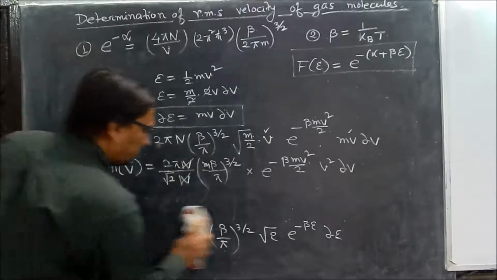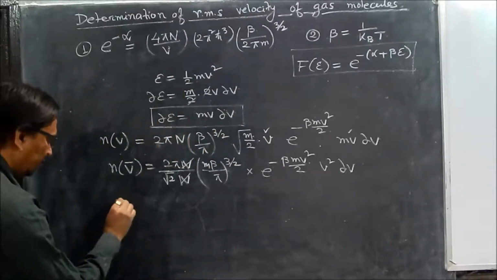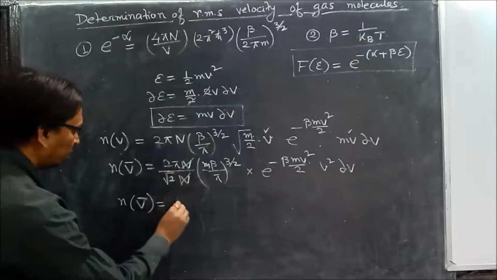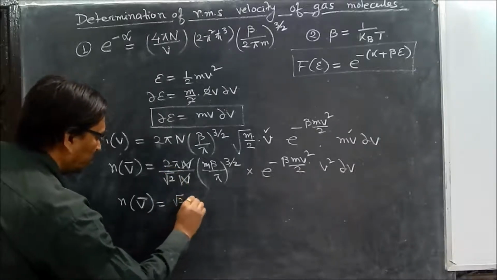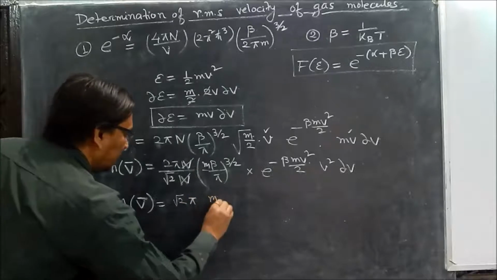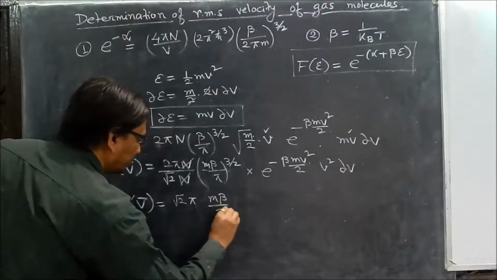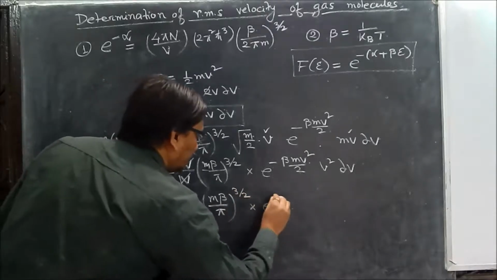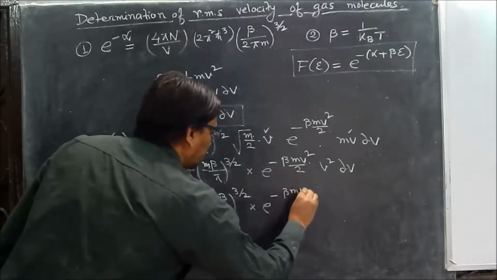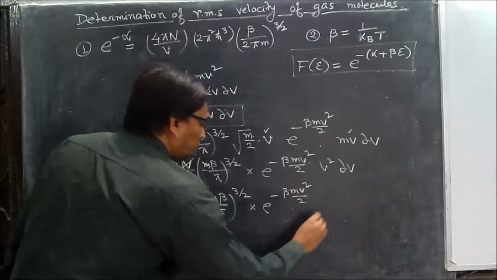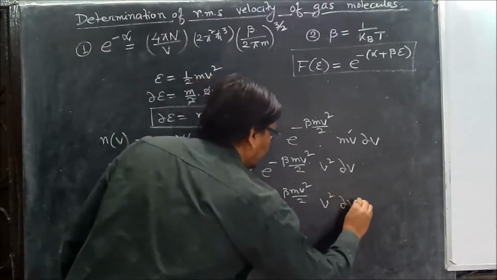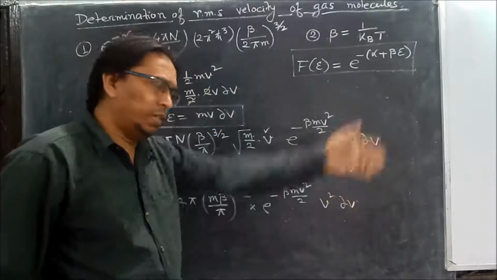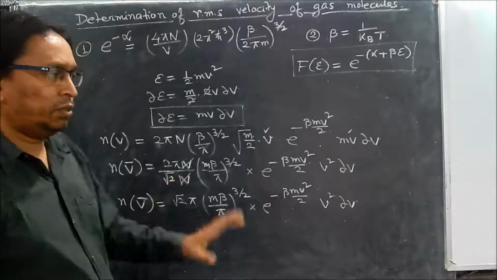So the average velocity v bar is root 2 times pi, and m beta by pi whole to the power 3 by 2, into e to the power minus beta mv square by 2, times v square del v. We have already derived this in our previous class, to find the average velocity of gas molecules.